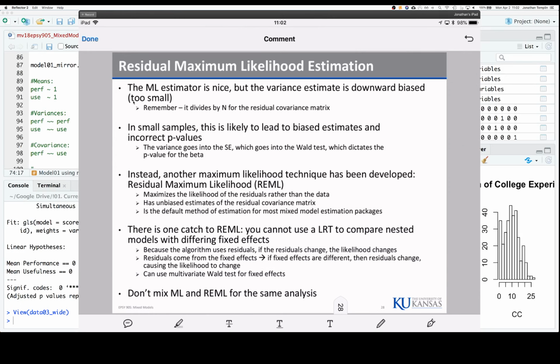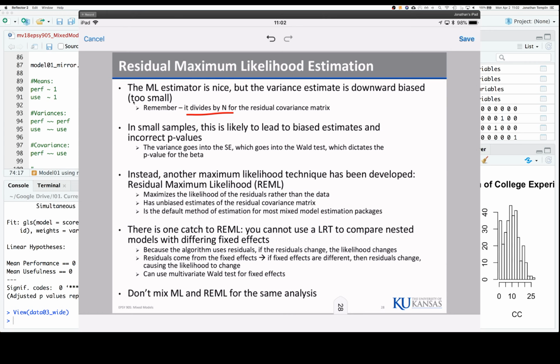Now, if you remember when we did maximum likelihood and all that math that we put into it, the maximum likelihood of the estimate of the variance divides by n to provide that to you. And if you remember the analog to the standard deviation, the unbiased estimate of standard deviation had n minus 1. The same thing happens in these types of models.